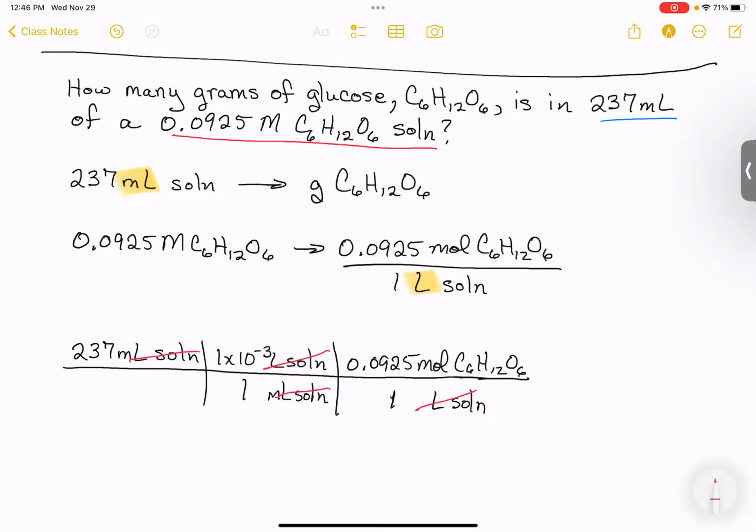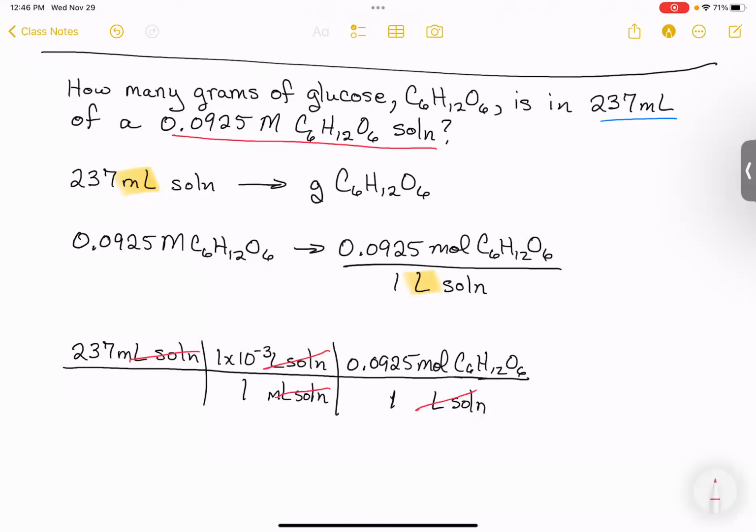Another thing you should always do in checking your math is make sure you're answering the question that has been posed. I was not asked to get to moles of my glucose. I was asked to get to grams of glucose.